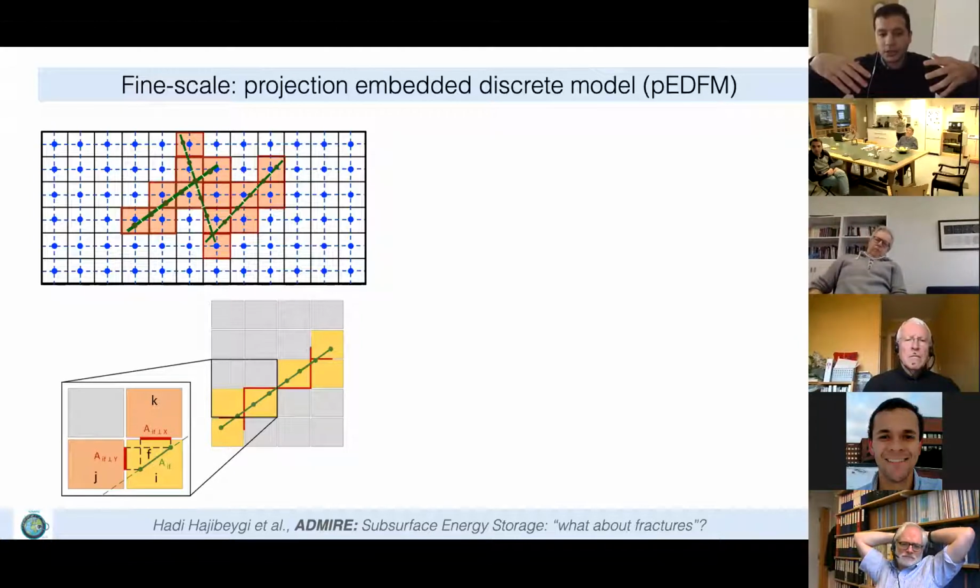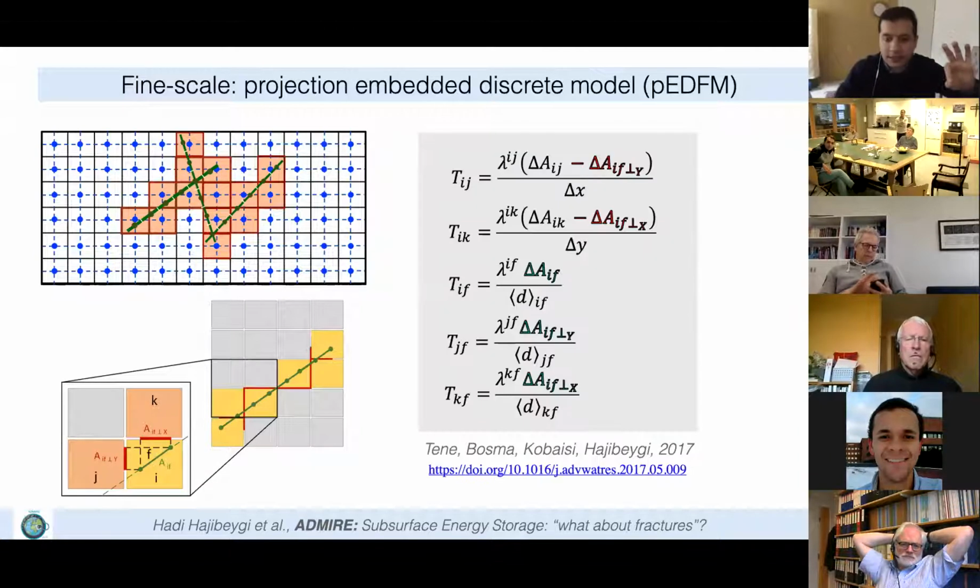If the fracture is a barrier, you delete that part of the communication between I and K and between I and J. There is a little bit more mathematics involved. You would, in general, describe a transmissibility between cell I and fracture F, which is the third line in the right box.